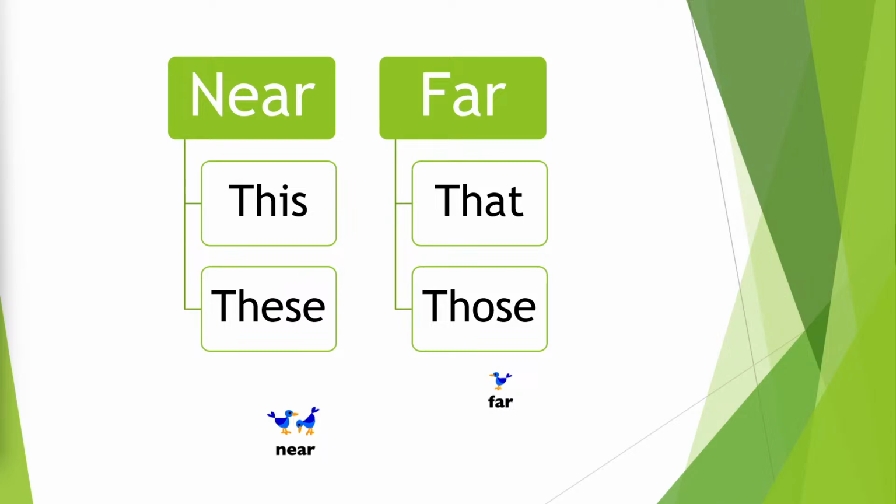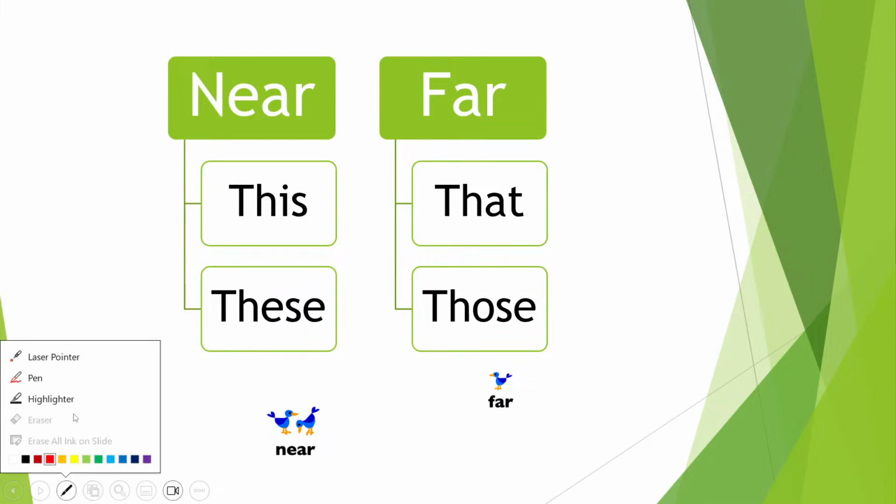Now, to express things that are near, I have this and these. Be careful with the pronunciation, because besides the writing, where I can tell that they are different, the pronunciation is going to help me understand if someone is using this one or this one.